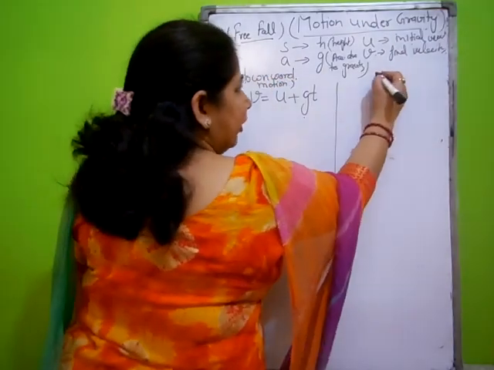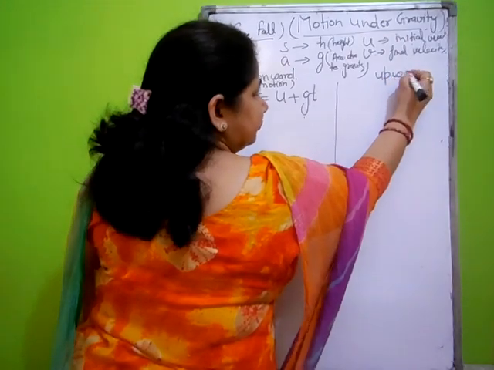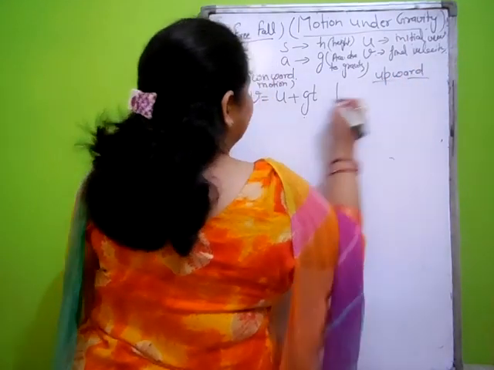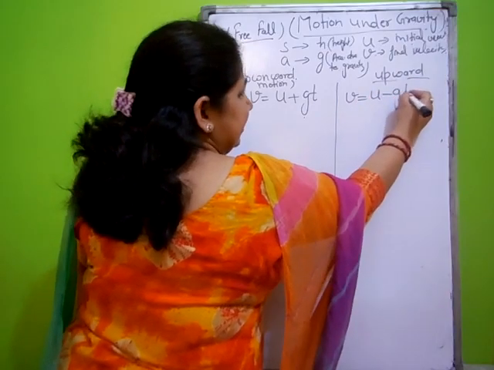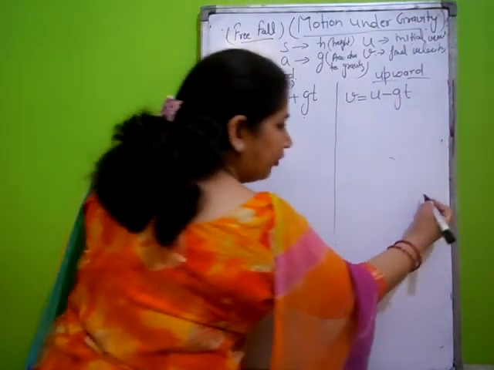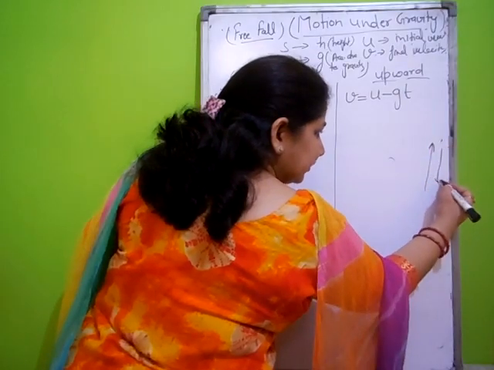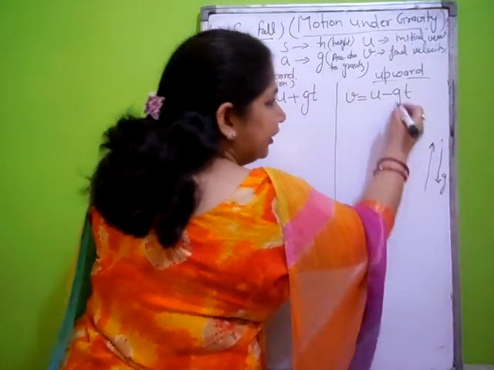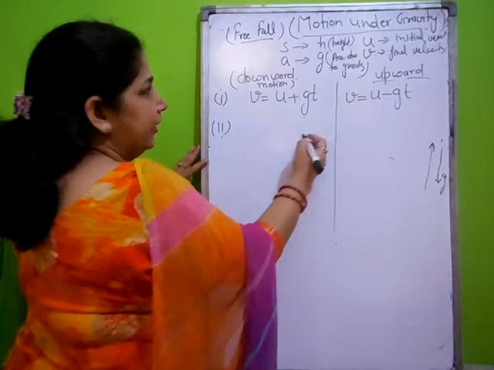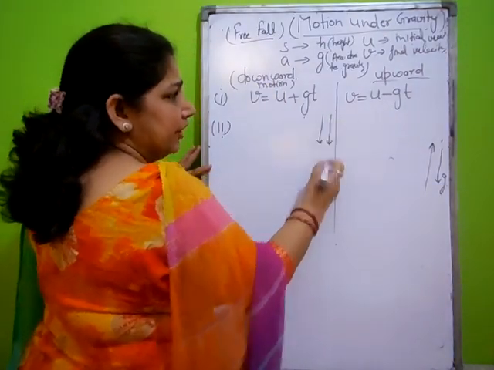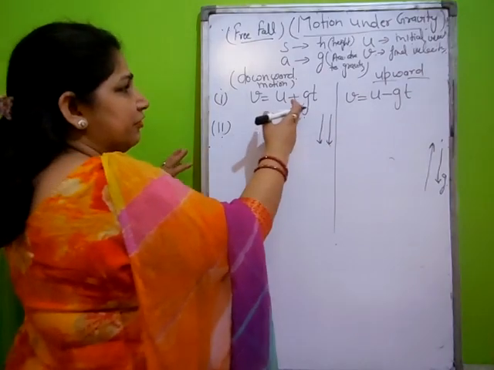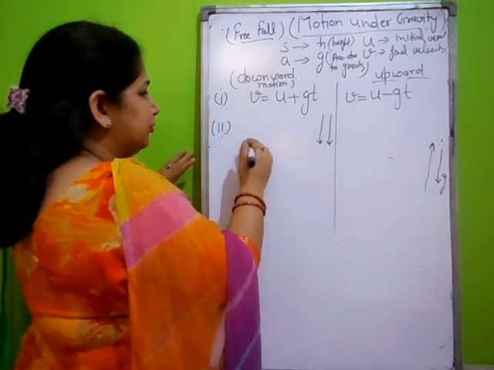For upward motion, V is equal to U minus GT. Motion is in the upward direction and G works in the downward direction, so it will be with a minus sign. For downward motion, both vectors are downward, so we take G as positive.